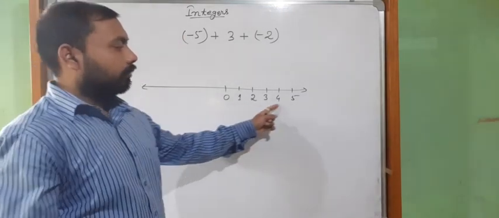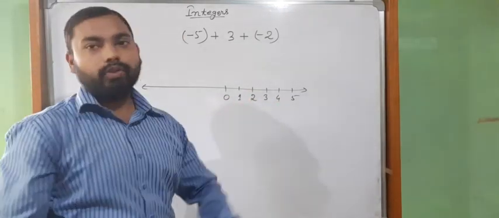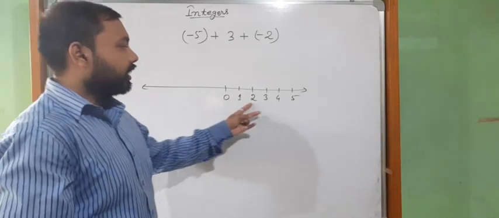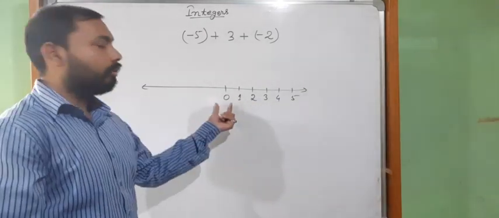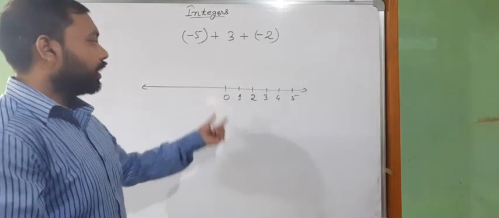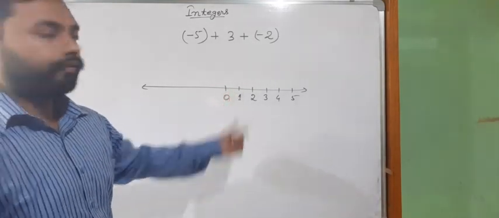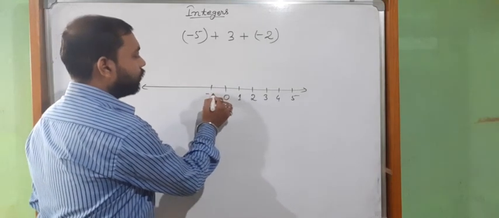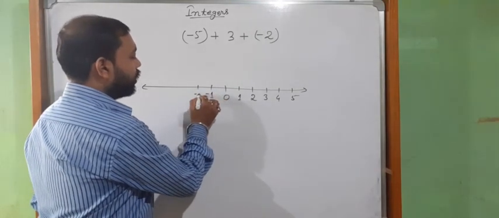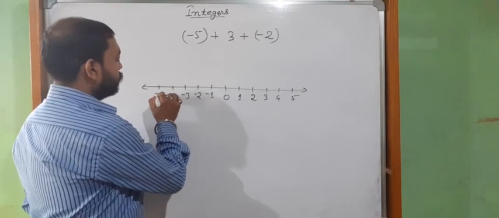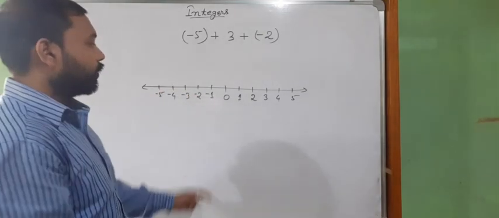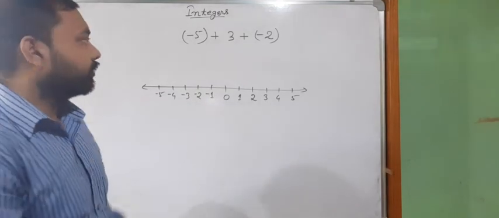For writing positive numbers we don't actually use the plus sign, but these are all positive integers, having a plus sign. 0 is neutral, it is neither positive nor negative. Then on the left side of 0, all the negative numbers: 1, 2, 3, 4, 5. These are all negative integers.